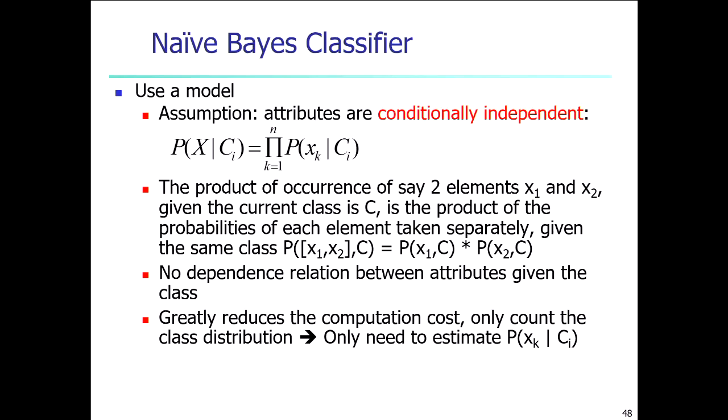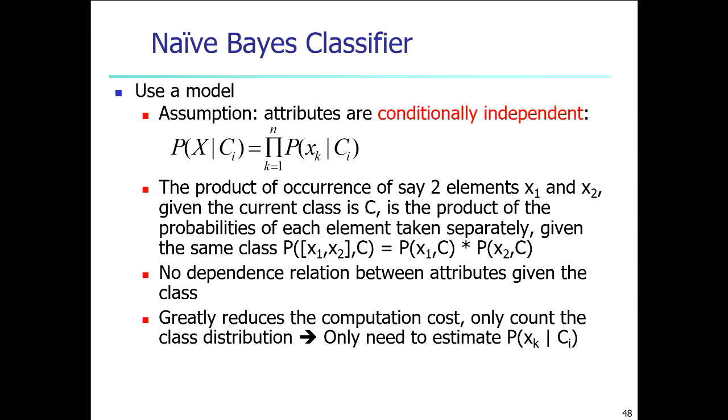where Xk is the value of X on attribute k. So there are n attributes.